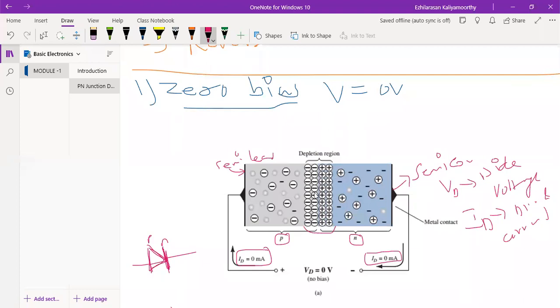See, the free carriers will be in the region near the junction. See, this is the junction. These are the free carriers. These are the electrons actually.